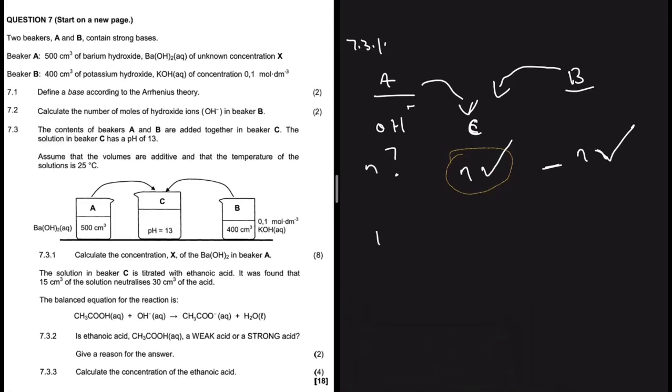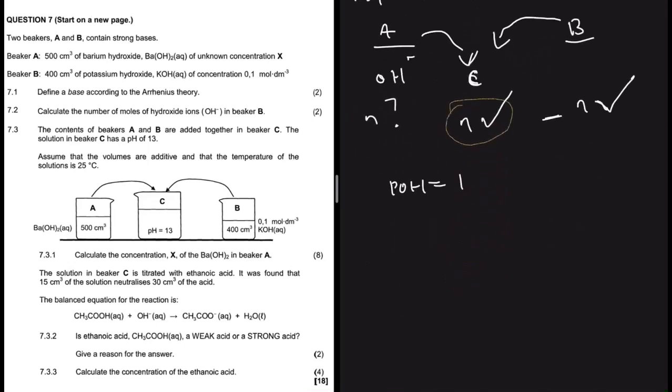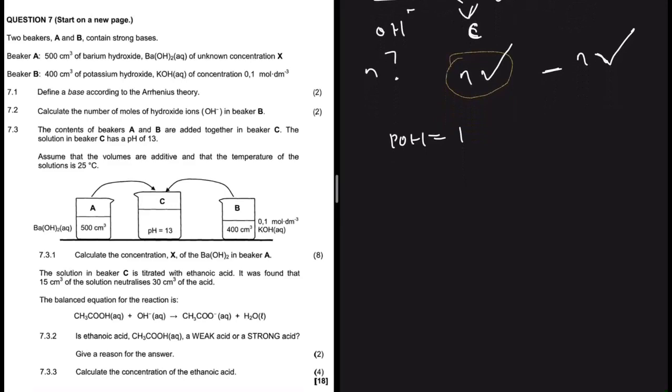So we have pOH equal to 1, like we determined above. To calculate pOH, we use the concentration of OH-. So we have minus log OH- equals 1, so log OH- equals minus 1.